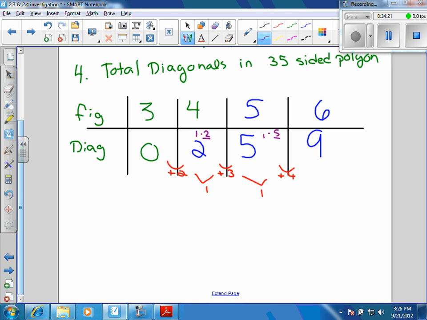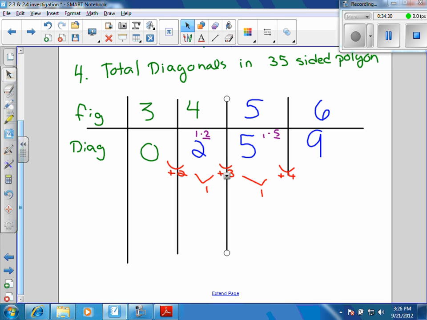So right away, I'm going to take my lines and extend them so I don't get lost in my work. So I'm going to double everything. The other thing I'm going to do is get rid of this, because this information's already served its purpose. And I'm going to get rid of these because I'm going to double them.